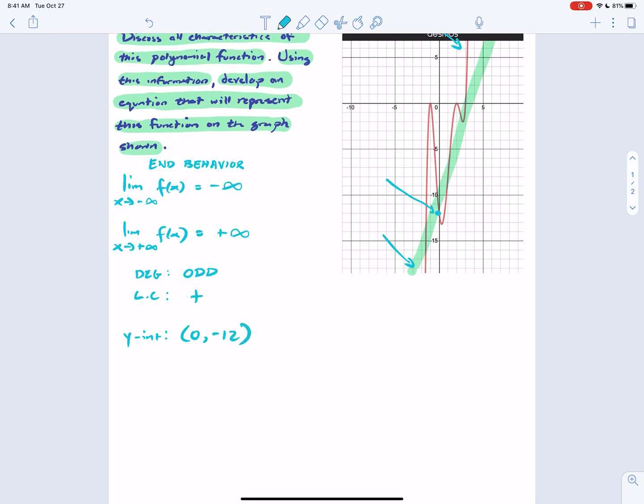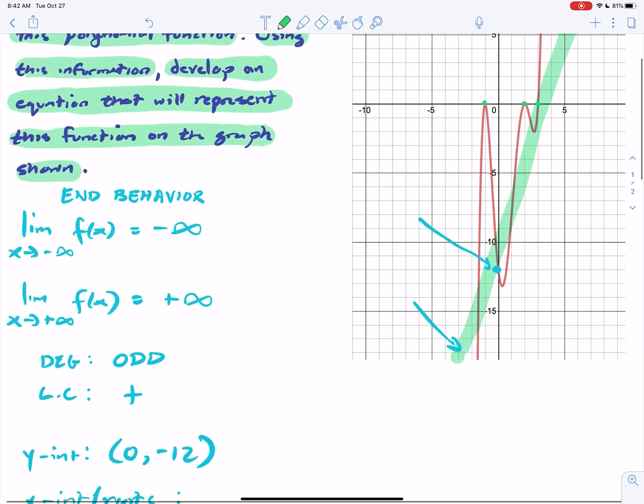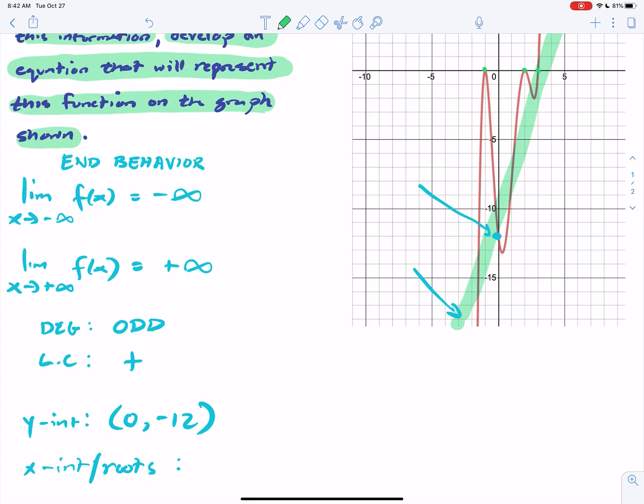I also know that the x-intercepts, or the roots, look like it crosses 3 different areas: once, twice, 3 times. Now I notice that the roots are x equals negative 1, x equals positive 2, and x equals positive 3.